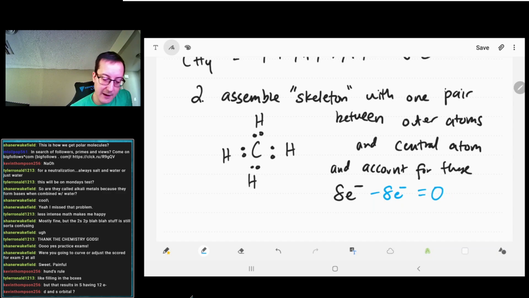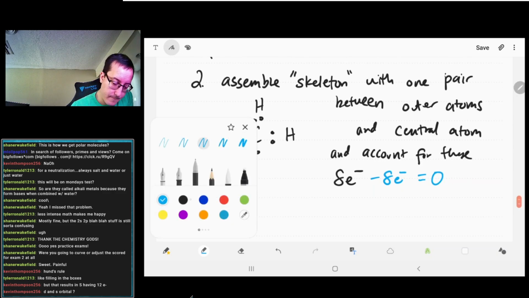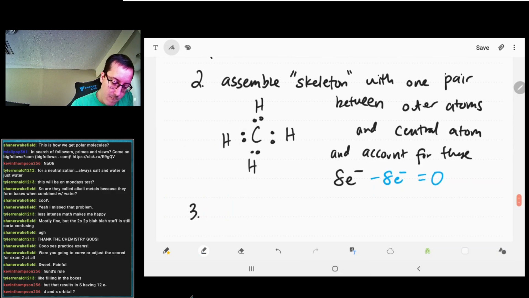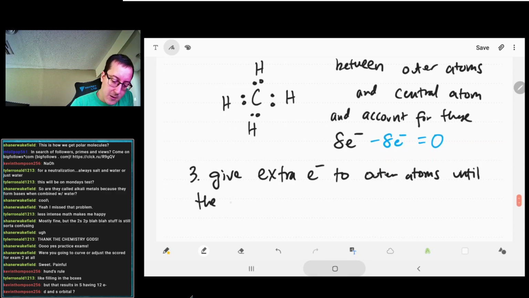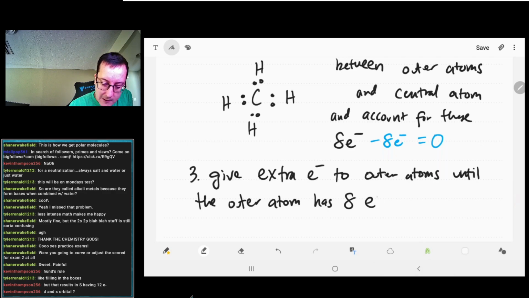If we did, however, we would give them to outer atoms until the outer atom has 8 electrons.